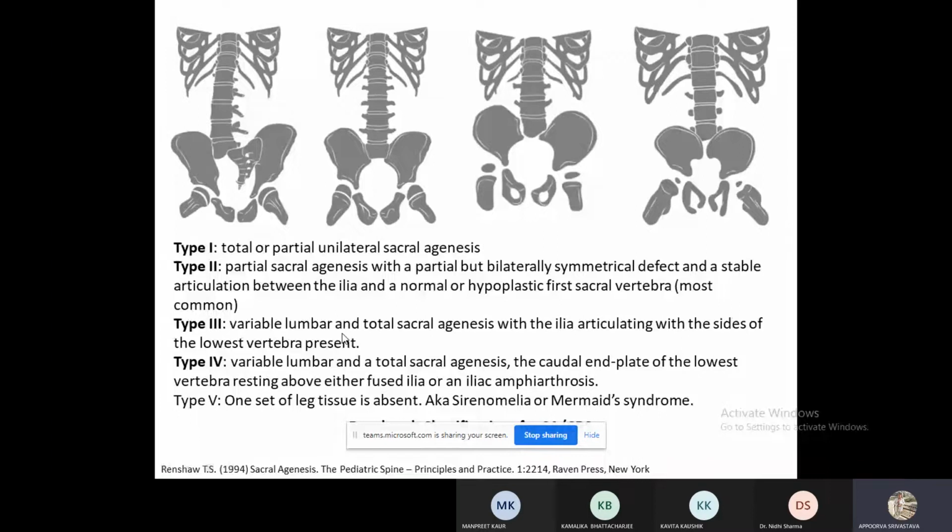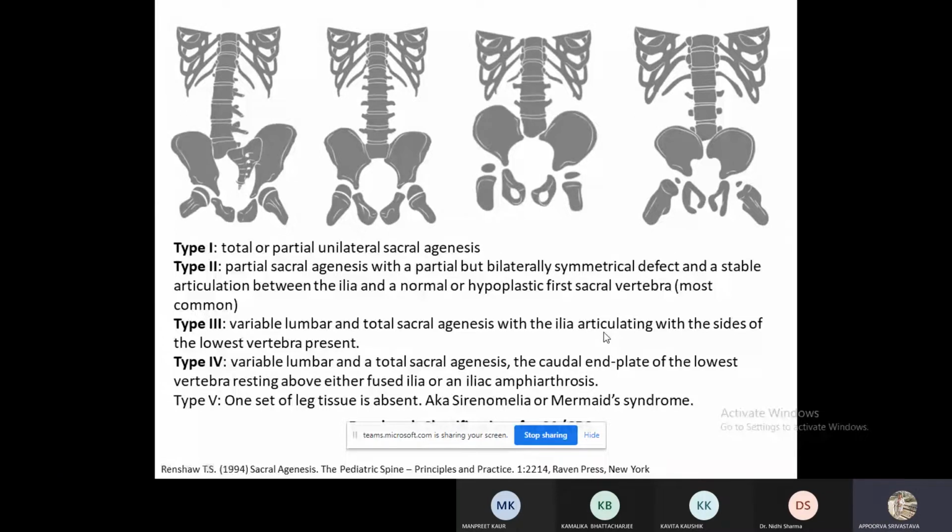Type 3 is variable lumbar and total sacral agenesis with the ilia articulating with the sides of the lowest vertebra present. Type 4 is variable lumbar and total sacral agenesis, the caudal end plate of the lowest vertebra resting above either fused ilia or an iliac amphiarthrosis.